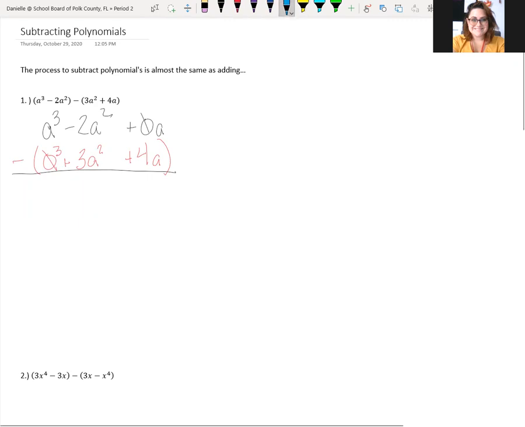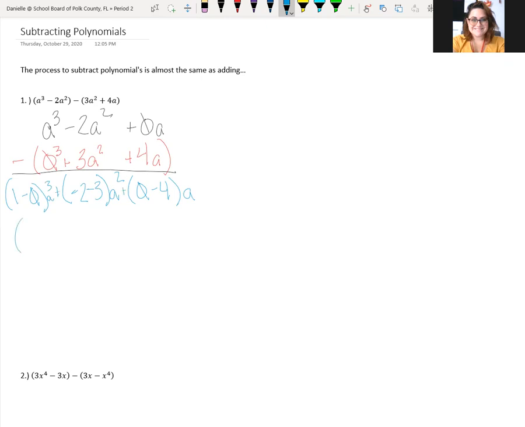So let's start at the end. 0 minus 4. So this one becomes 0 minus 4a. The second one becomes negative 2 minus 3a squared. And the last one becomes, I'm sorry, not a, 1 minus 0, a to the third.